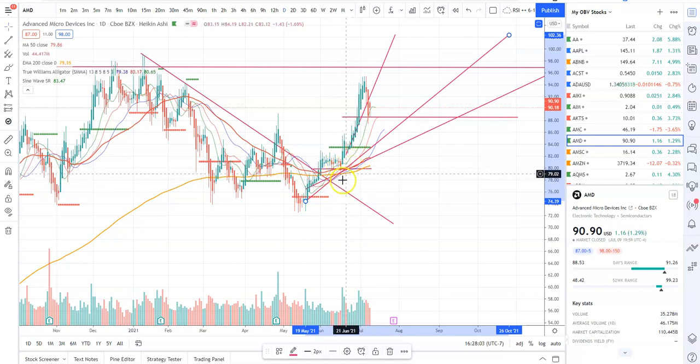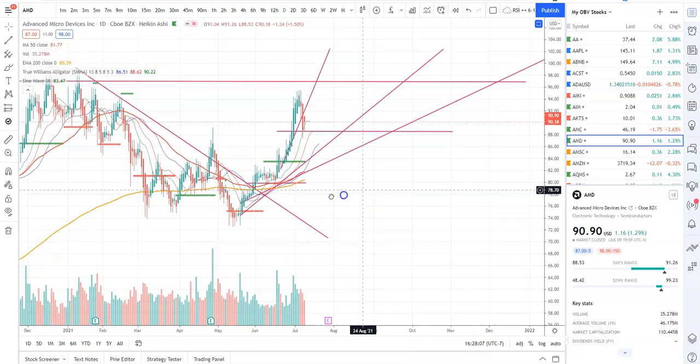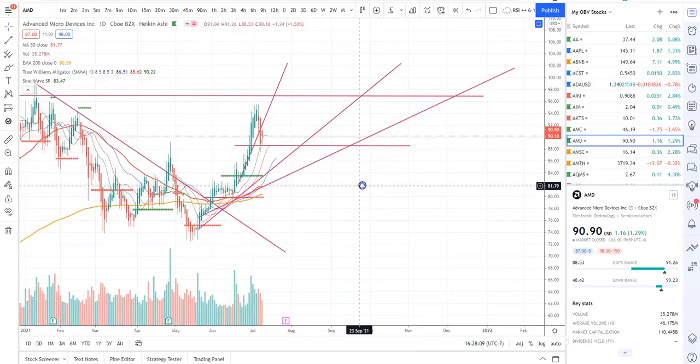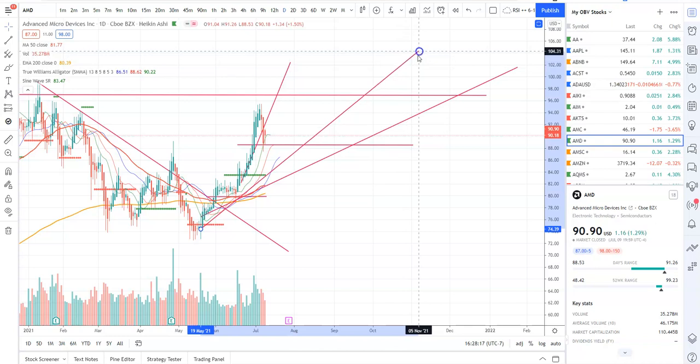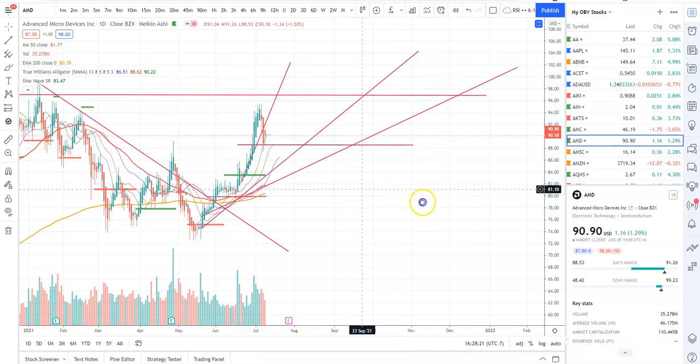This looks like a key zone here, and then there's another potential trend line here utilizing that same touch point. So both of these are potential trend lines. This one to me looks pretty strong. I'd say this is more of the key trend line than this one, but both are potentially valid.